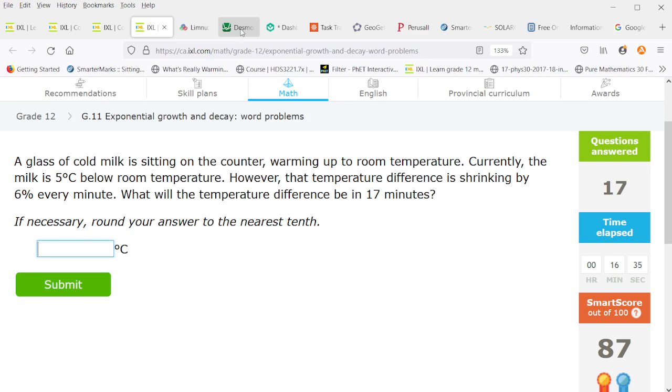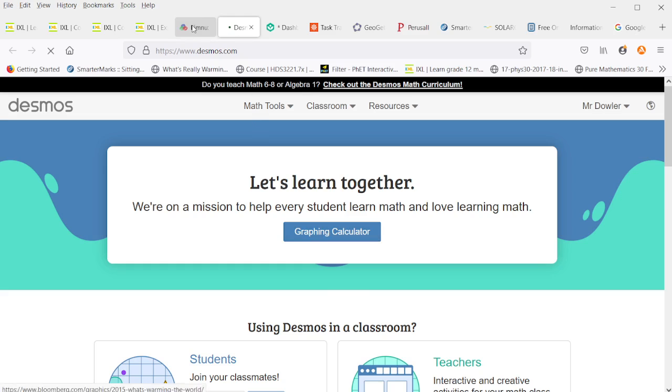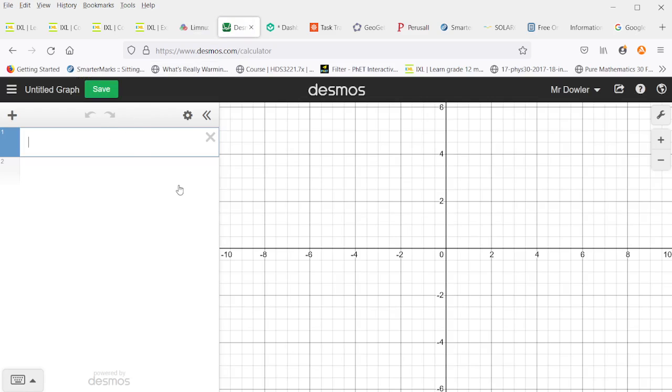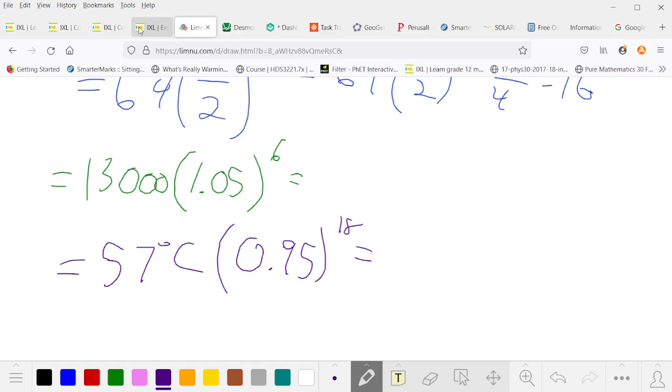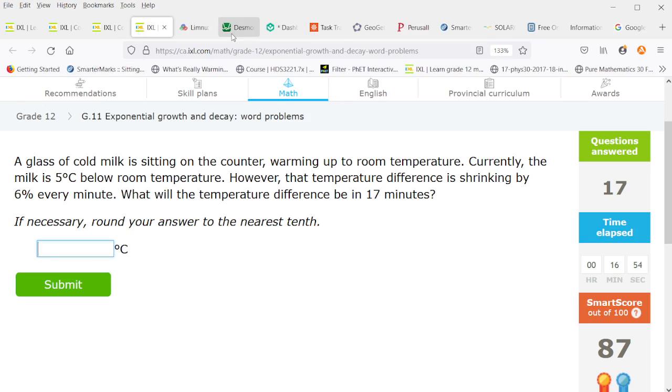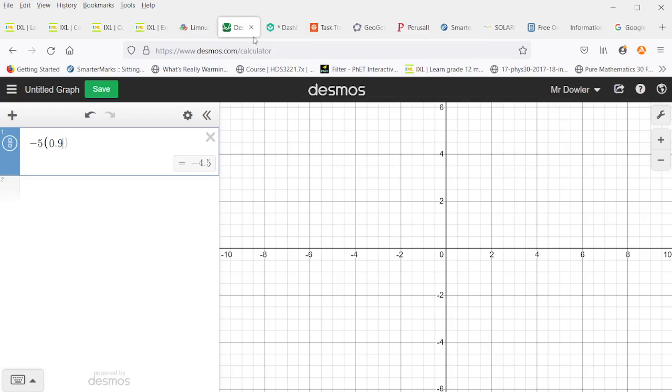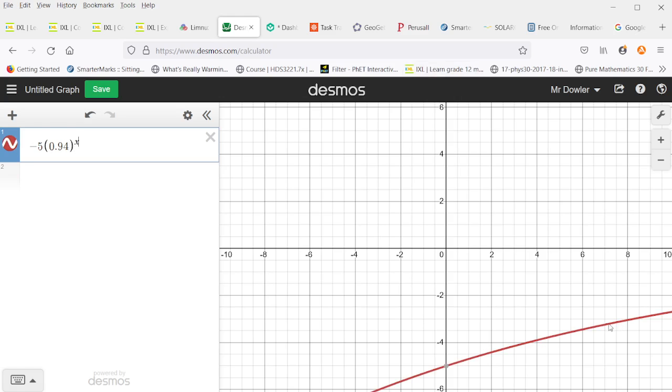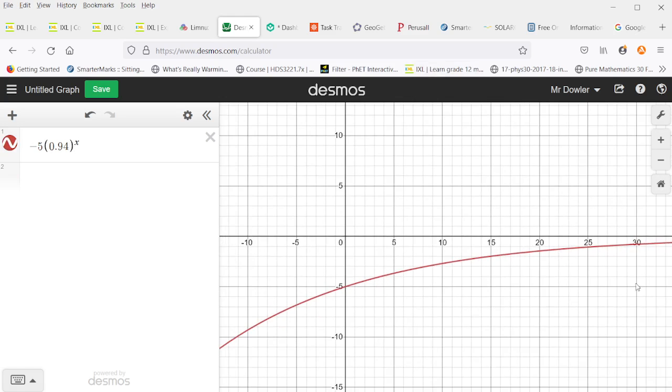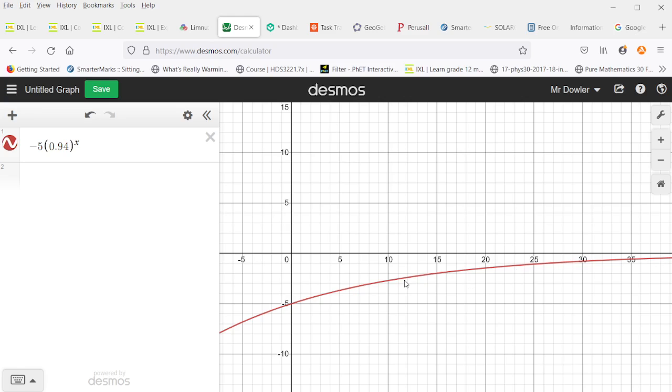So if we're currently at 5 degrees below, this should be, I think, a negative 5. And then we are shrinking by 6% every minute. So we should be representing this as a negative 5 times 0.94. Because that represents a temperature steadily approaching the room temperature but not hitting it.